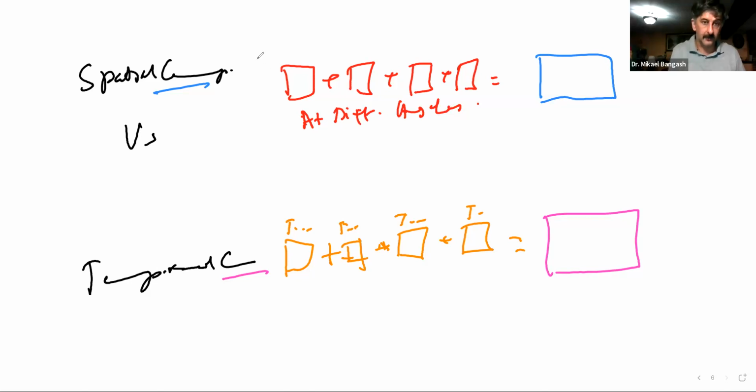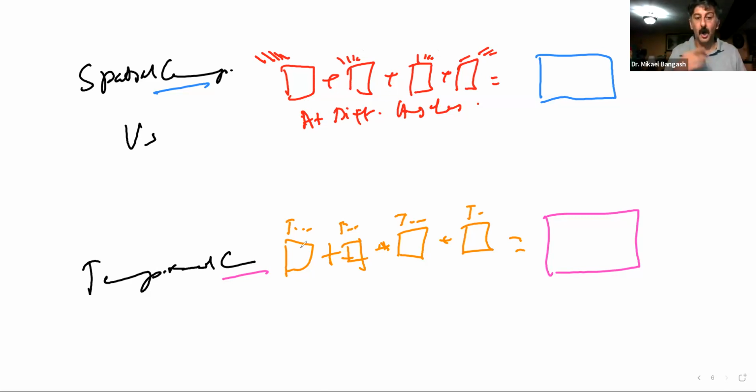What were those different angles? It could be like this, then this, and then this. Did that make sense? So it's at the same time, but at different angles.